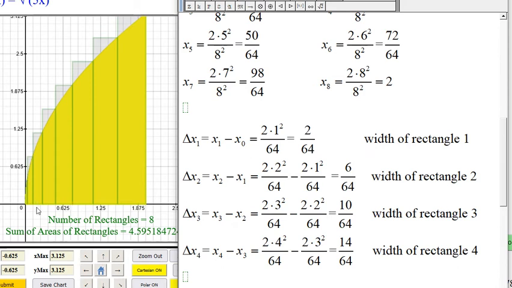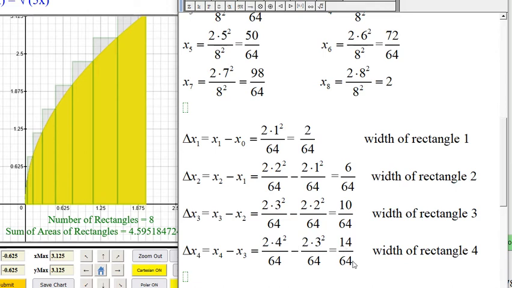And then the second rectangle, the width will be x of 2 minus x of 1, and it will be 6 over 64. And then the third rectangle, the width will be x of 3 minus x of 2, and that comes out to be 10 over 64. And then the width of the fourth rectangle will be 14 over 64.